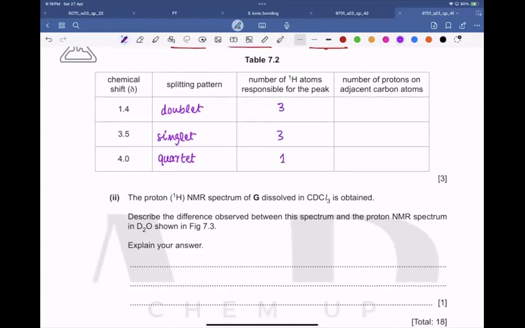Is this clear? In the next part, they are asking for the number of protons on the adjacent carbon. A doublet means one proton on the adjacent carbon, a singlet means zero protons, and a quartet means three protons on the adjacent carbon. Is this clear?